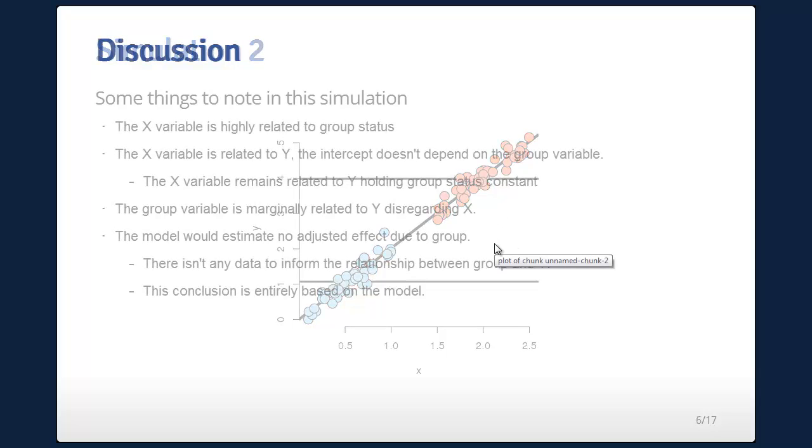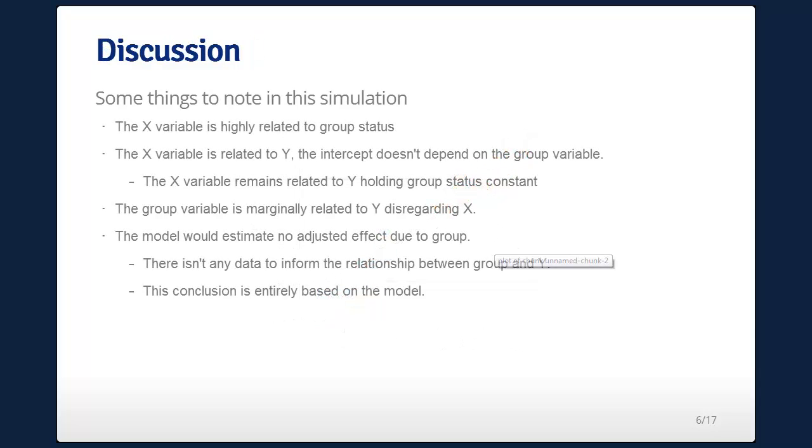Okay, so let's discuss this now. The x variable in this case is highly related to group status, right? Just if I told you x, you would know what group you were in. If it was a low x, you'd be in the blue group, and if you were a high x, you would be in the pink group.